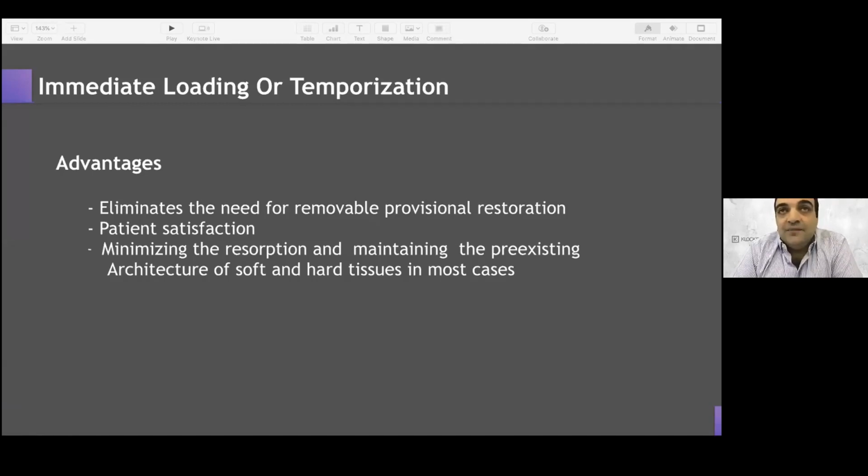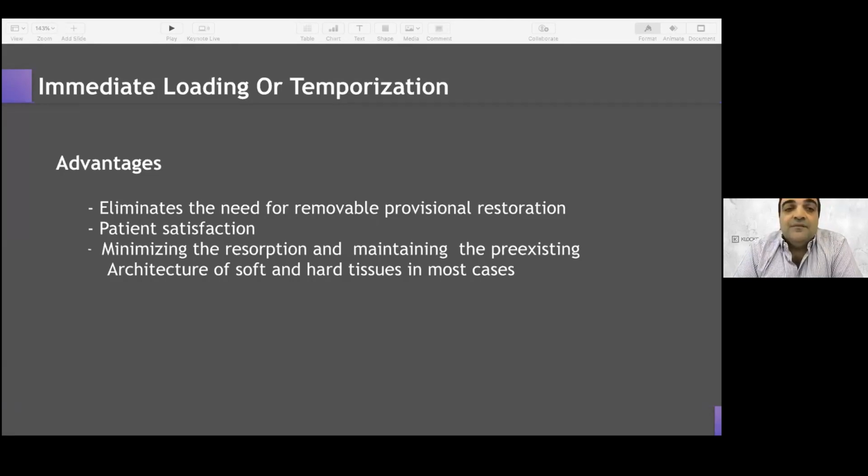In some cases, we will even lose the implant if we are using a flipper or removable denture. And if we don't lose the implant, we will have problems with our soft tissue, and the final result won't be aesthetic. So we have to do immediate loading, immediate temporization when we can, instead of using this removable prosthesis.